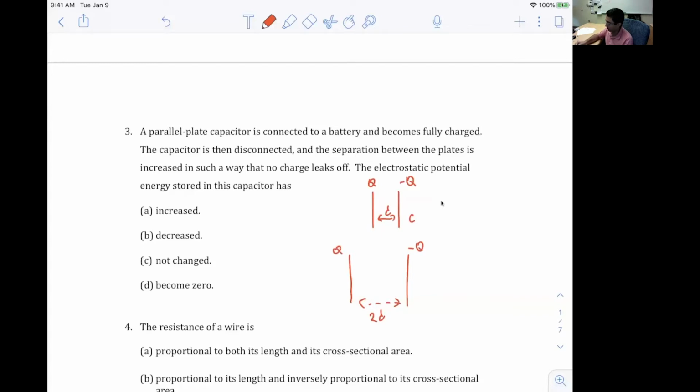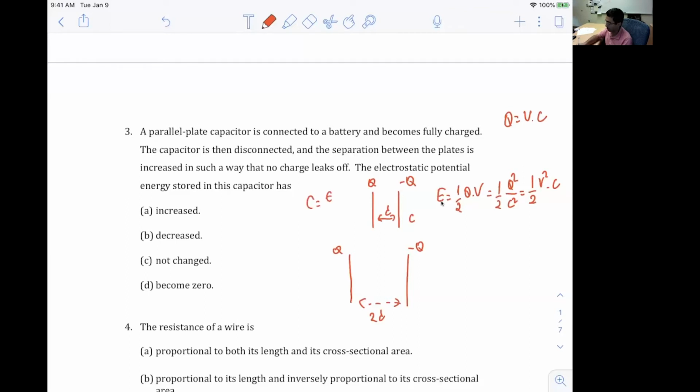The potential energy for the capacitor you can write in three different ways: Q times V, or Q squared divided by C, or V squared times C, because charge Q equals V times C, right? And you can play with them around. But here what you know is the Q doesn't change, but you know how much C changes.